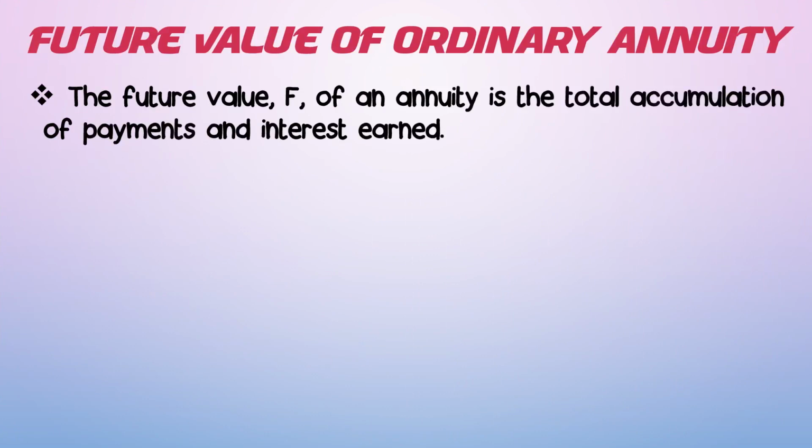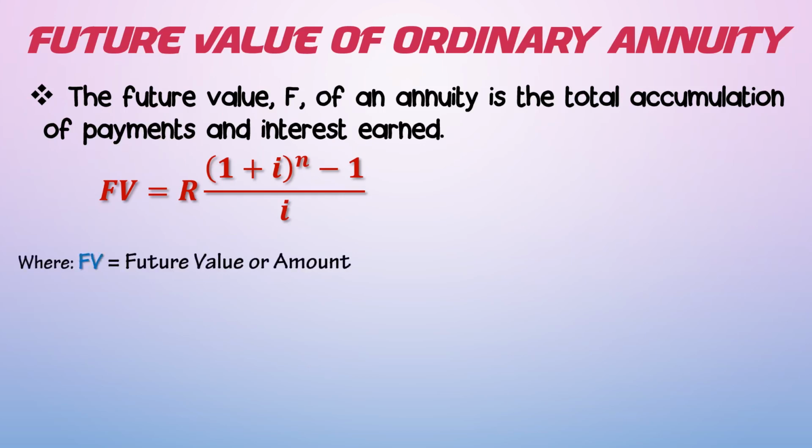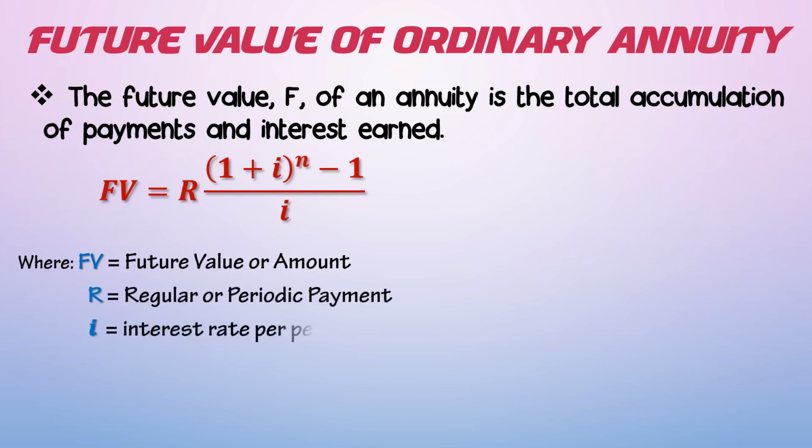The future value F of an annuity is the total accumulation of payments and interest earned. So the formula will be F, the future value, is equal to R times the quantity of 1 plus I raised to the power of n minus 1 divided by I, where F is the future value or amount, R is the regular or periodic payment, I is the interest rate per period, and N is the total number of payments.